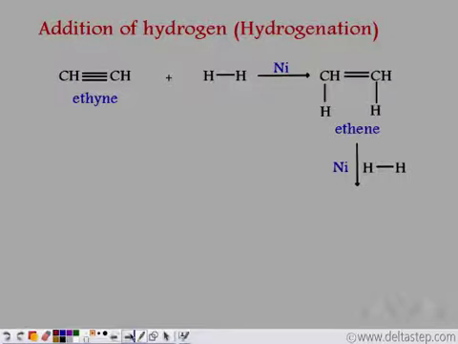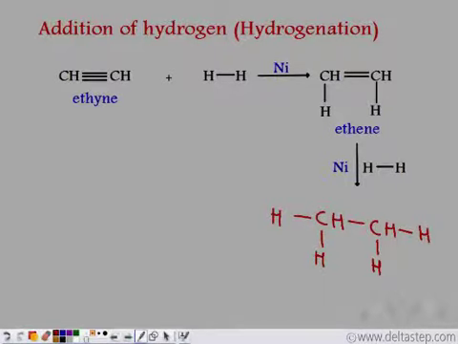Now, in the second step, we have a compound which has a double bond. So now the double bond breaks into a single bond. When we have hydrogen atoms, the double bond breaks into a single bond, and each hydrogen atom attaches itself to one carbon atom.